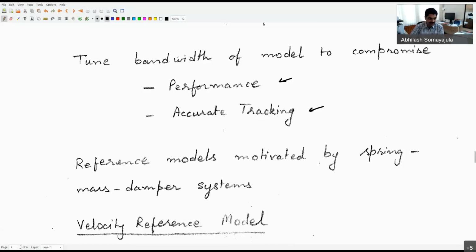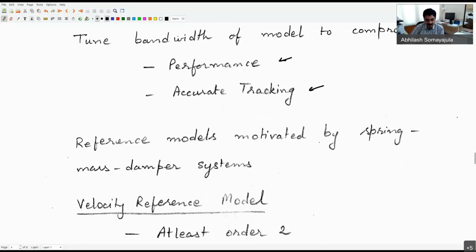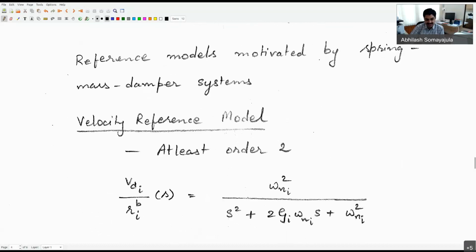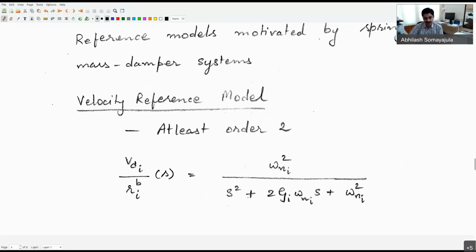So what we will do in the coming lecture is look at the velocity reference model, where the idea is that the desired velocity of the craft is tracked as a low-pass filter with respect to the joystick inputs that you're given. These inputs get translated into velocities using a second order filter, and you see here that it is representing a spring mass damper system which you have seen before, right?